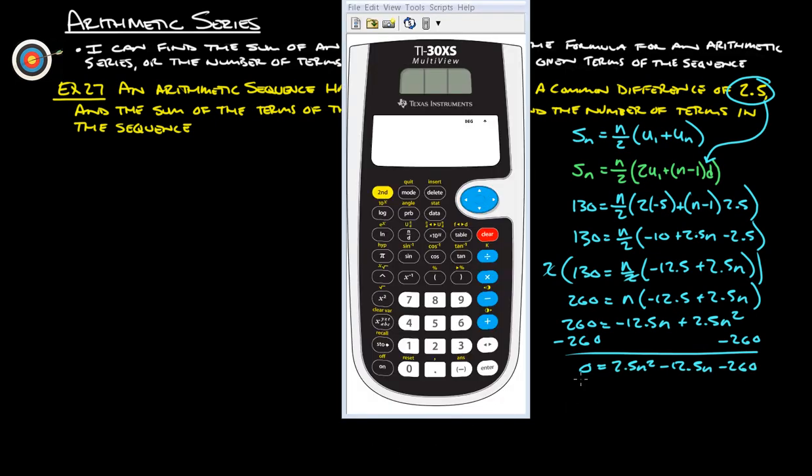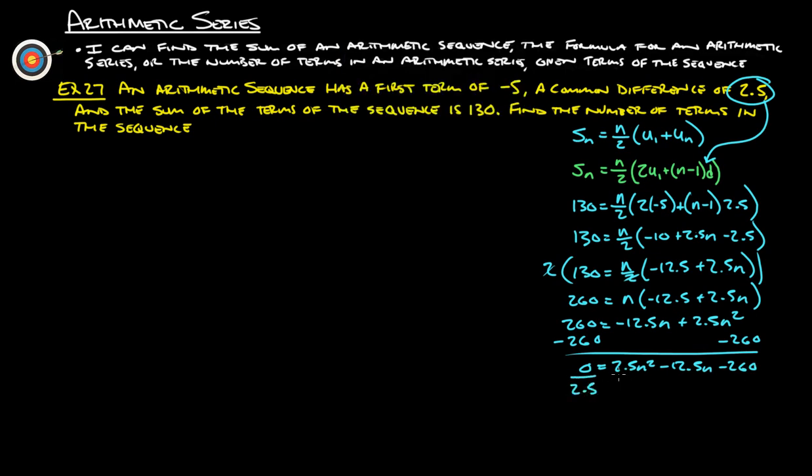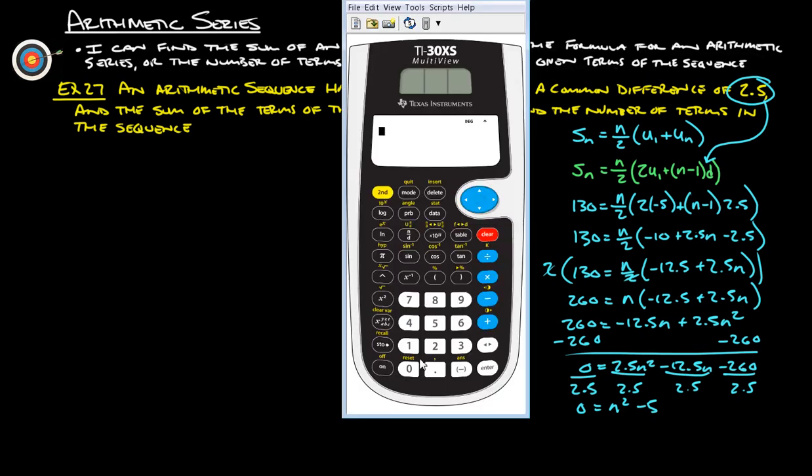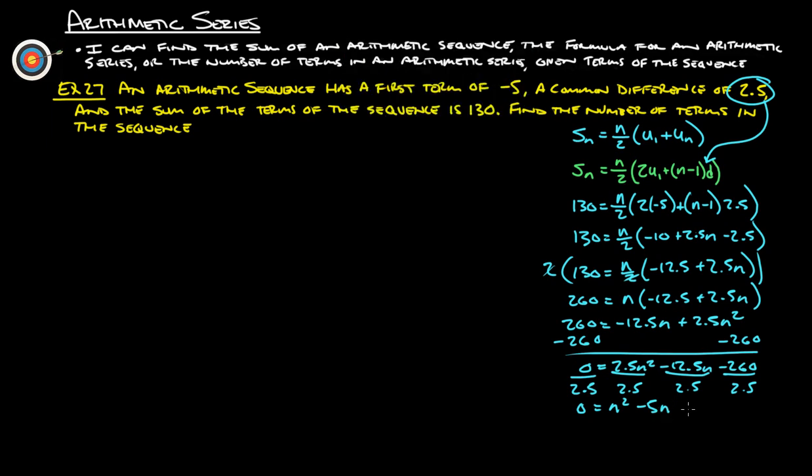Okay, we should be able to divide everything, I'm hoping, by 2.5. All right, so we get 0 equals n squared minus 5n, and if we take negative 260 divided by 2.5, we get negative 104. So that's n squared minus 5n minus 104.